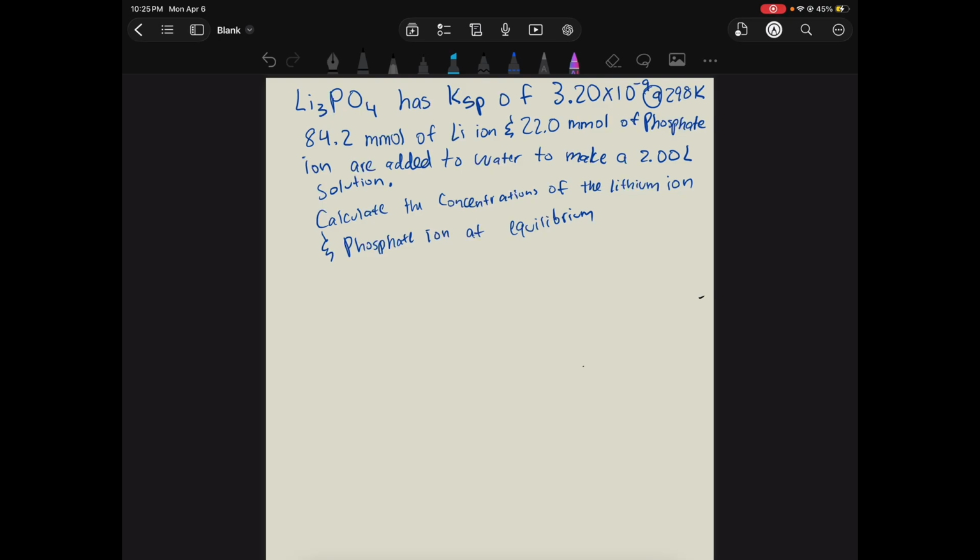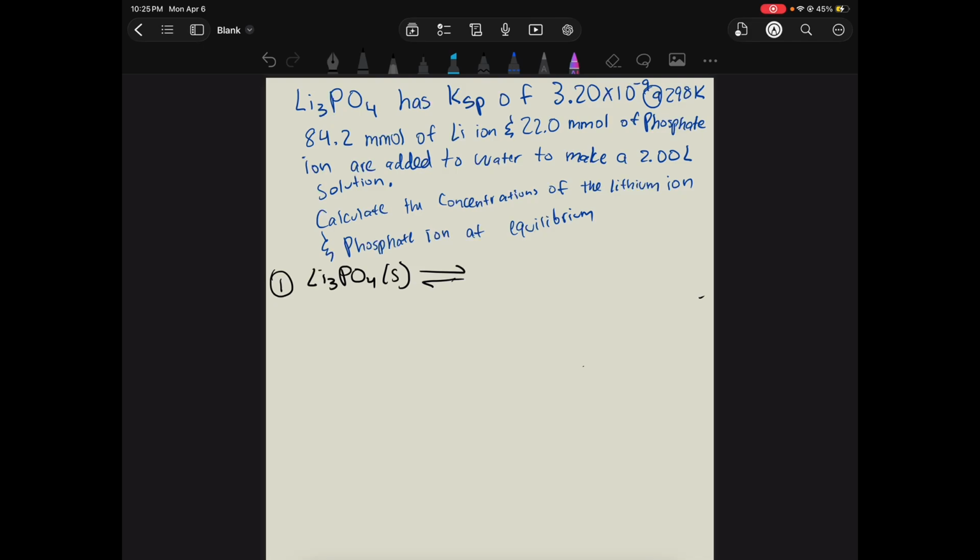Okay, so how I first like to begin this problem is by writing out the reaction. We're given that Li3PO4, which is a solid, breaks up into ions. This is an ionic reaction where the compound breaks up into separate ions, hence why we use KSP, which stands for the equilibrium value for solubility product, which is what SP stands for.